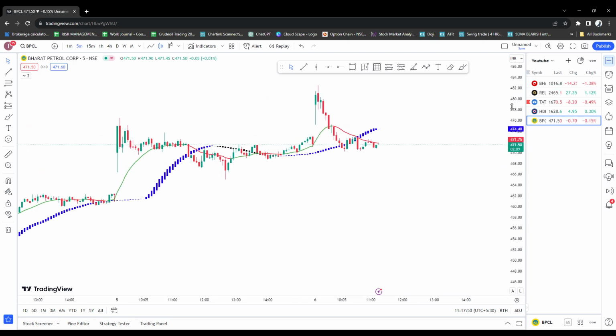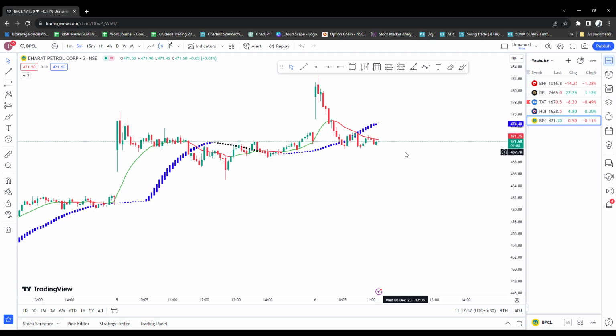Buy quantity you can only afford to lose. Trade only according to your loss appetite. Don't overtrade, don't complicate it. Market is not going anywhere. It's definitely going to give you profit if you keep doing it consistently, but to do it consistently you should take small losses. Always remember that you should never take big losses.